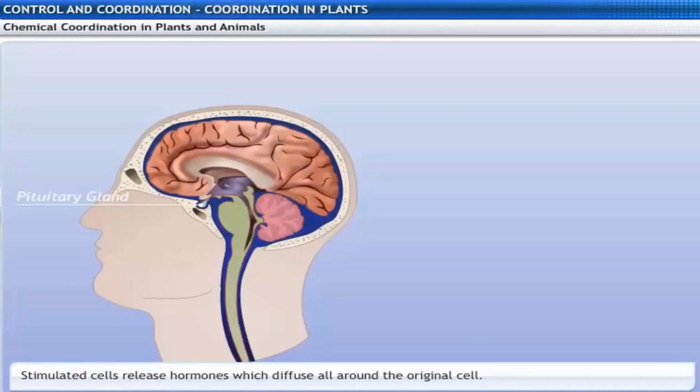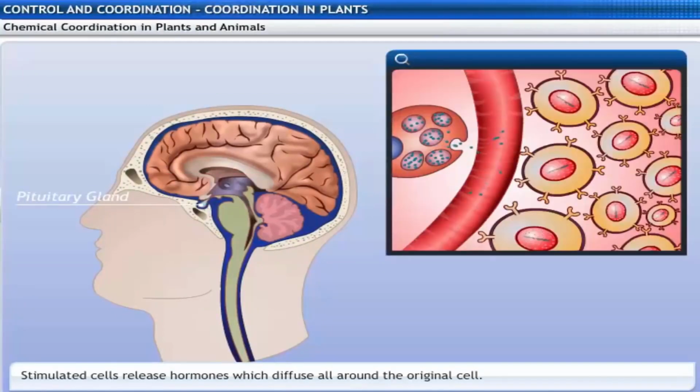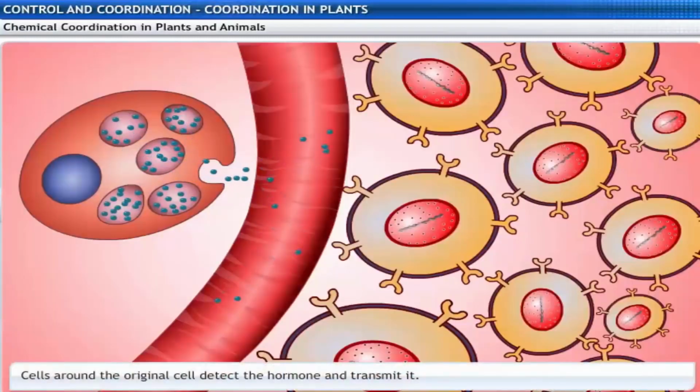Stimulated cells release chemical compounds called hormones, which diffuse all around the cell. If other cells around have the means to detect this compound using receptors on their surfaces, then they would be able to recognize information and even transmit it.